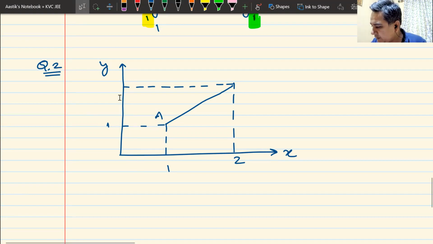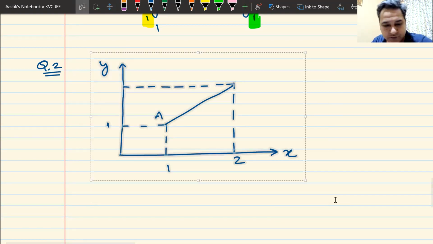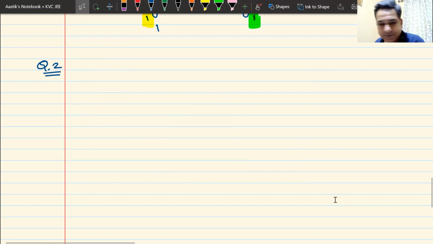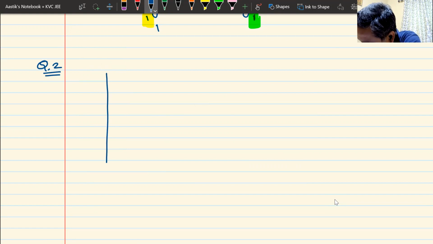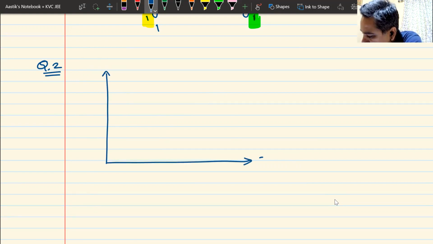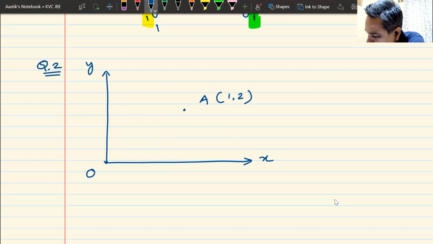Let me make it differently. I don't want you to get trapped in maths. I just want you to understand the concept in physics. So I'll make the question like this. Okay, this is my origin. This is the point A, whose coordinates are 1, 2. So obviously this has to be 1 and this has to be 2. I don't want to make a complicated problem where you get trapped in maths.